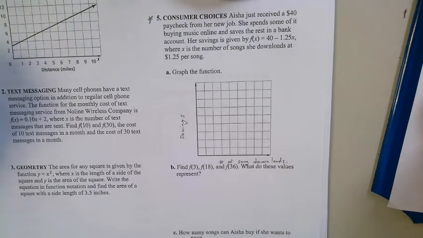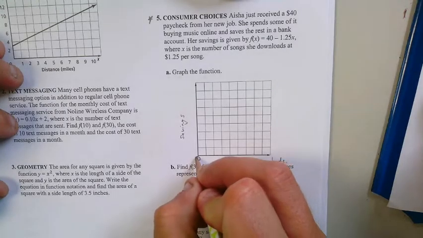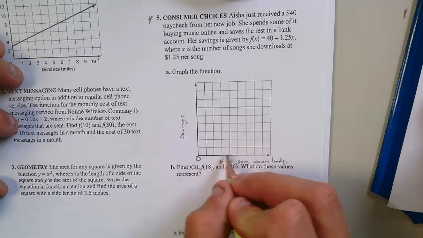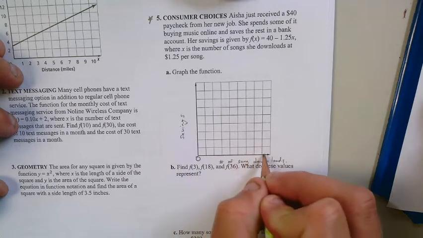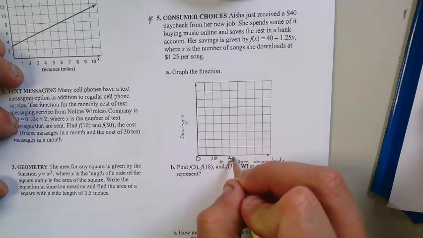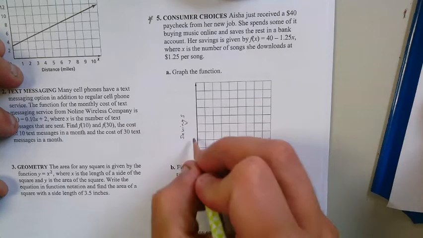So I went up to 40 on each of these, the x and the y. So if I do that, 1, 2, 3, 4, 5, 6, 7, 8. So if I go up 5 each time, there's 10, 20, 30, and 40. And same with this one.